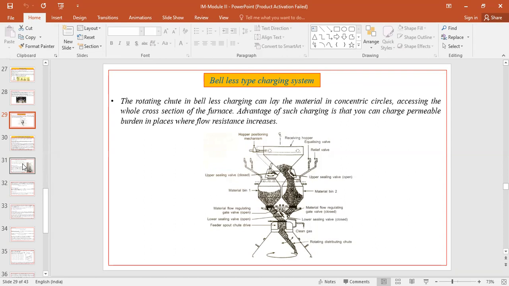Okay, once you have started the newly lined blast furnace or a shutdown blast furnace, then we have to create the burden cycle, the starting cycles. Okay, and once we have made the starting cycles, then you have to allow this raw material to undergo the smelting process in that blast furnace, and various reactions take place at the different parts of the blast furnace, which lead to the production of liquid products, that is hot metal as well as slag.